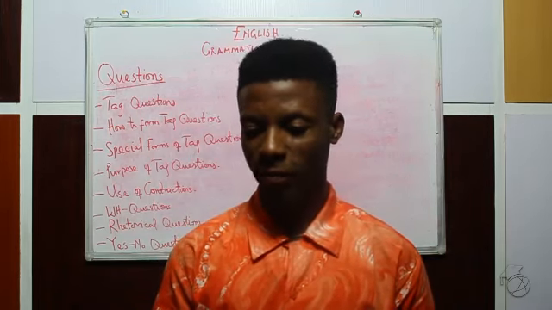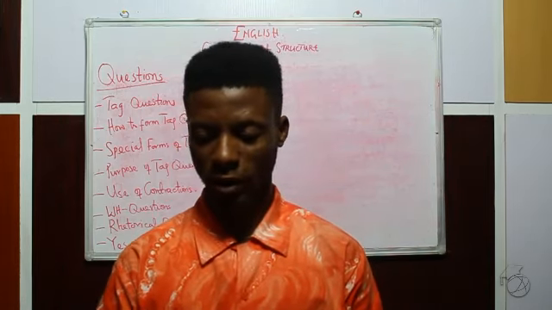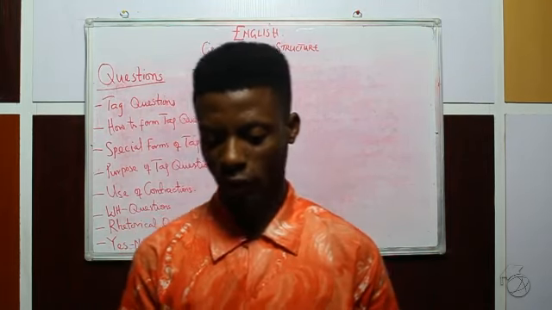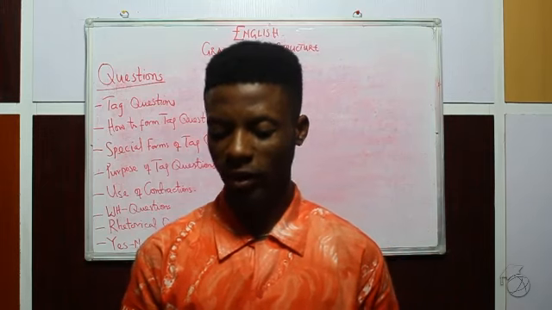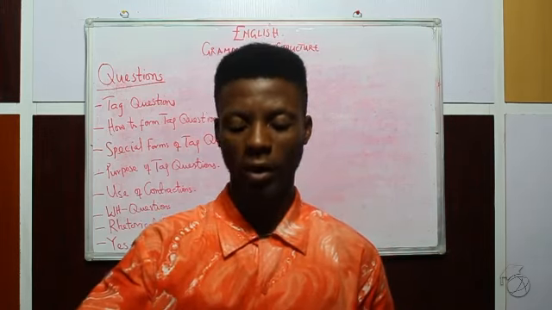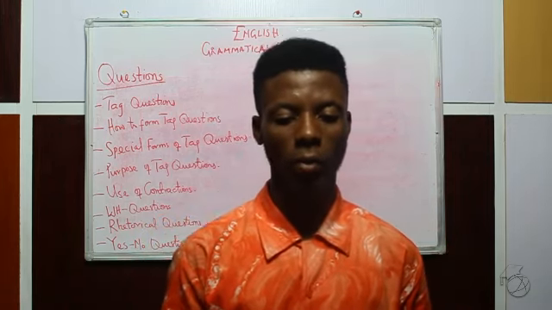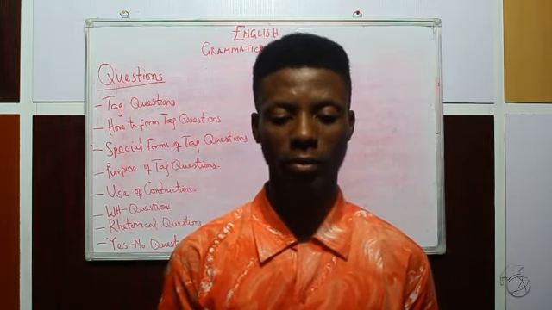The number 5 thing that we should know about tag questions: the subject in the tag question is a pronoun or introductory word. That is, the subject or the initial word in the clause must reflect in the tag. Example, Mary called you yesterday, didn't she?